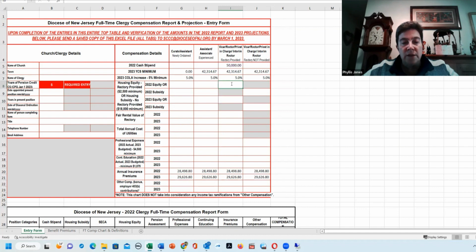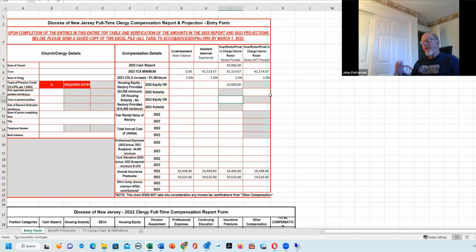As I said, the amount you use for IRS purposes doesn't have to have any relevance to these numbers. In order to be consistent year on year as you're doing these projections, if these amounts in front of us were for real, then next year, when you do your clergy compensation report, you should be reporting these same numbers.